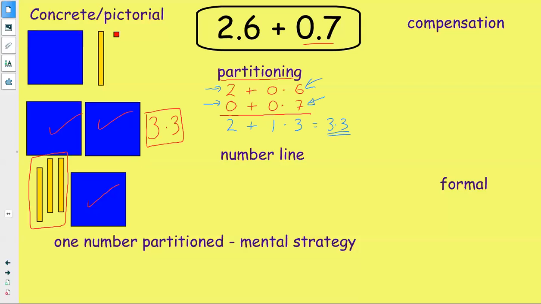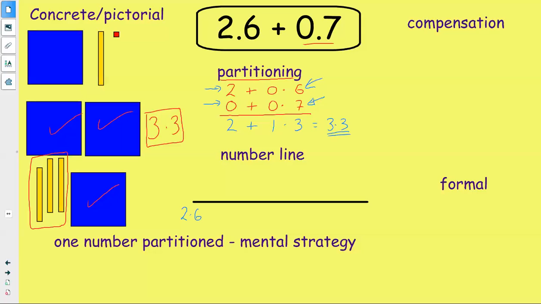What if I use a number line? So if I was to use a number line, I can start at 2.6 and I would add on 0.7. Now you can do this in many different ways.